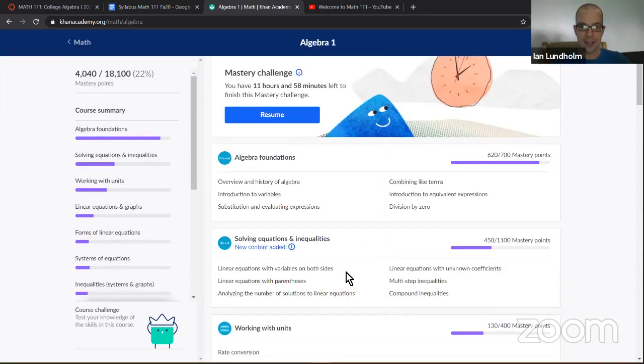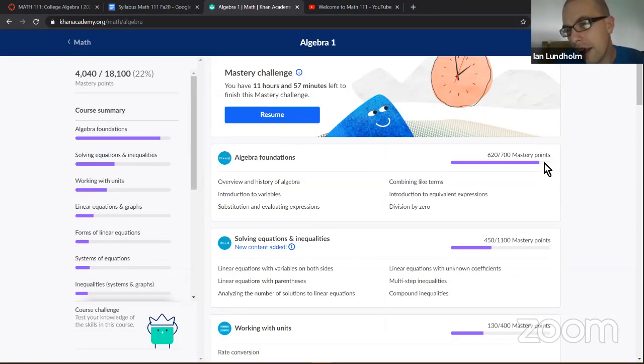Otherwise, I would just suggest for the whole pace of the course: start into a unit, work all the quizzes, get your scores so that they are around 80% mastered, and then take the unit test. Then move on. Once you've passed the unit test and you've got a decent amount of mastery points for a given section, I would say move on to the next one.